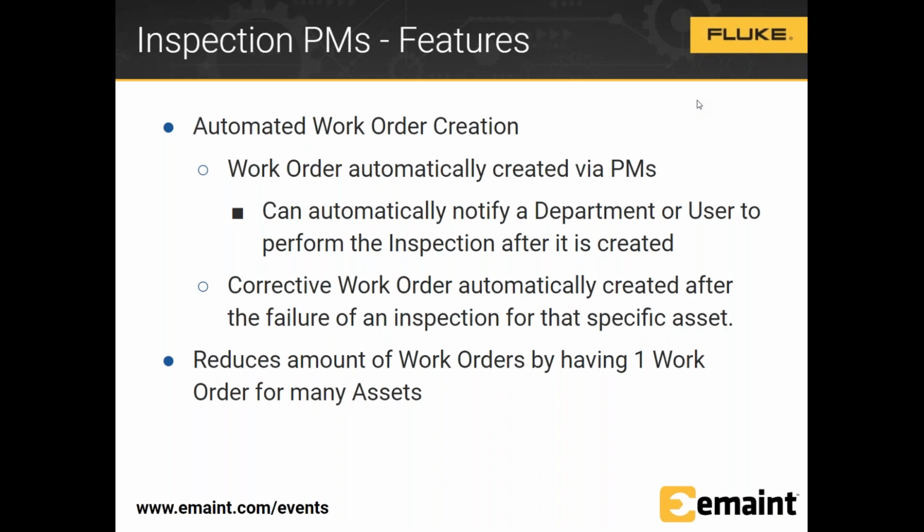If you pass them, then no further action needs to be taken. If you fail them, then a new work order will be automatically created for that asset, so that way the asset can have whatever the issue was corrected.